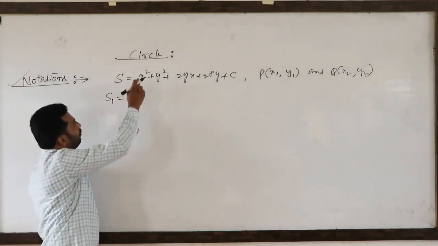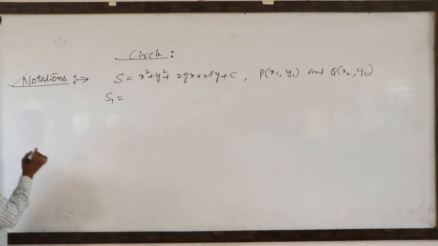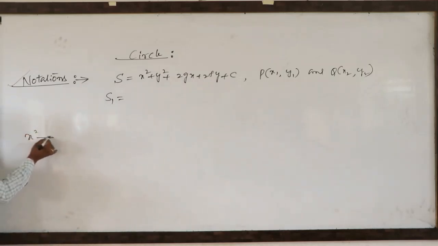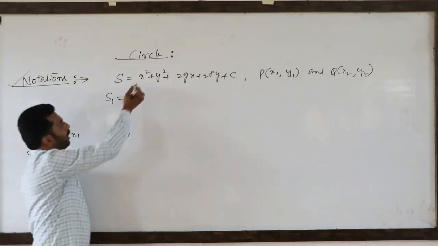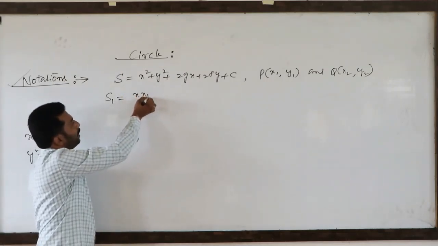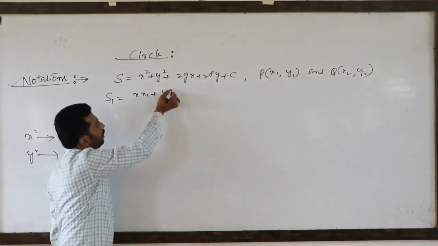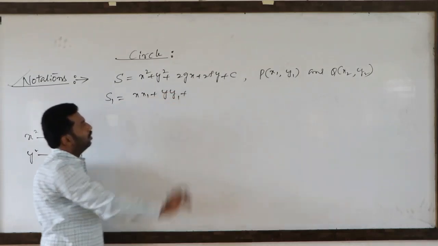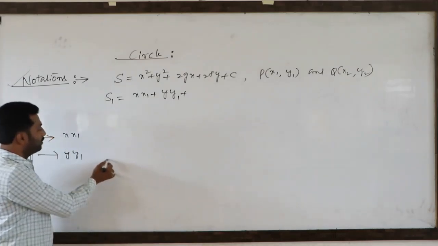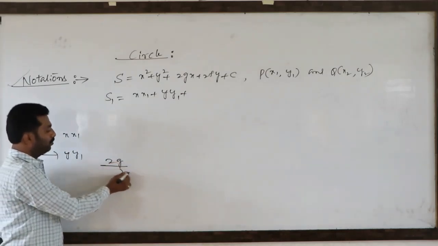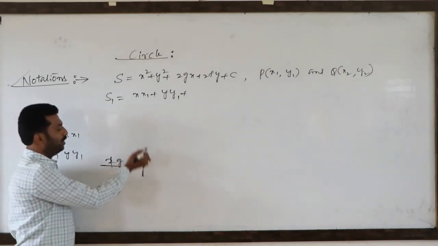Wherever x square is there, x1; wherever y square is there, y1; wherever 2g is there, half of 2g means only g.